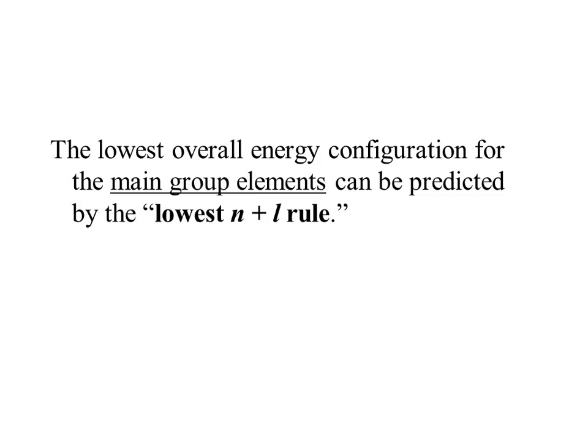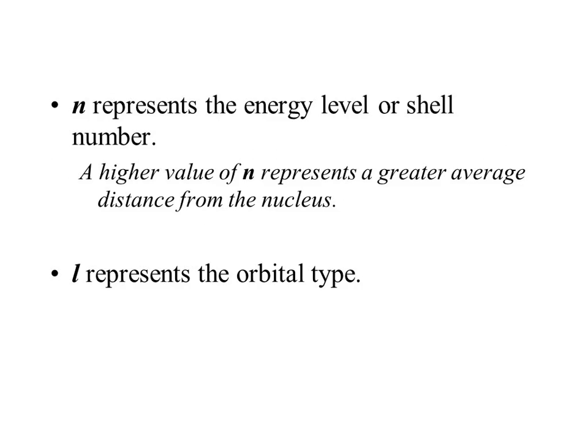Well, the L part is actually the orbital type. On Monday, we talked about the different orbital types. We said there's the S type, there's the P type with 3 orbitals, there's the D type with 5 orbitals, and there's the F type with 7 orbitals.